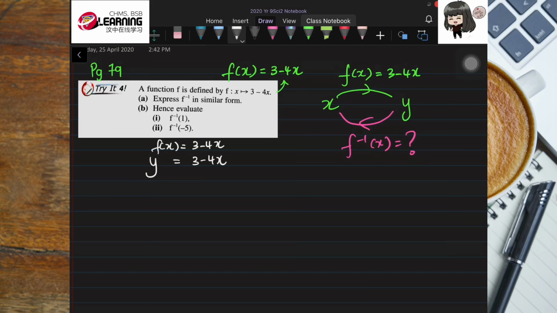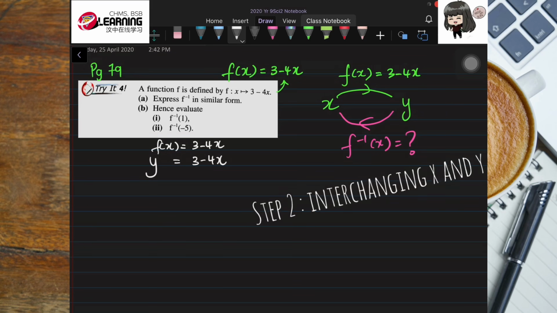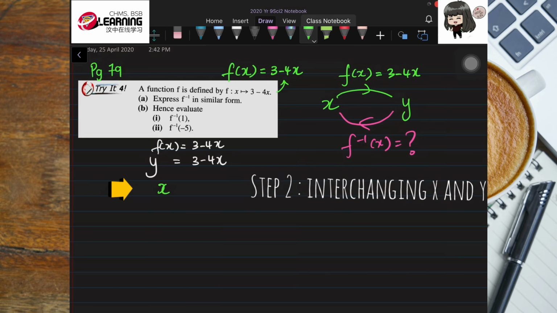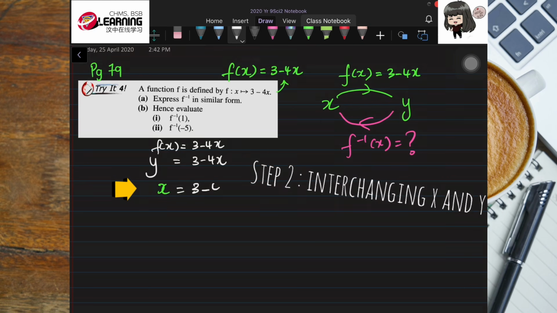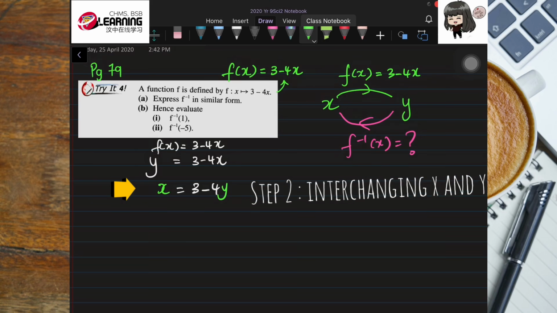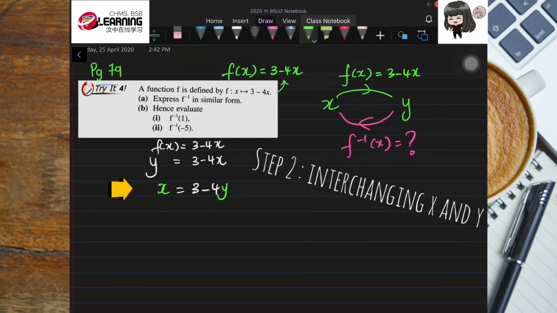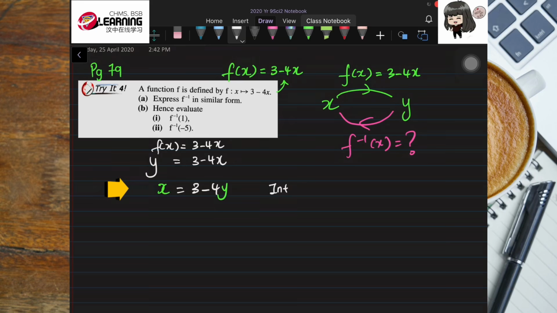Remember that. Your next step: you interchange or switch your x and y. So your y will become x and your x will become y. This step is called interchanging x and y, or switching x and y.